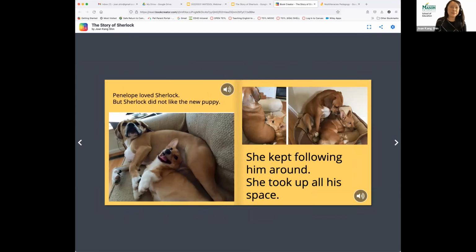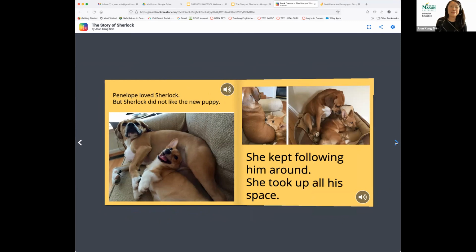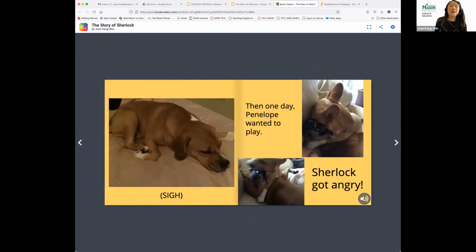Penelope loved Sherlock. But Sherlock did not like the new puppy. She kept following him around. She took up all his space. Then one day, Penelope wanted to play. Sherlock got angry.